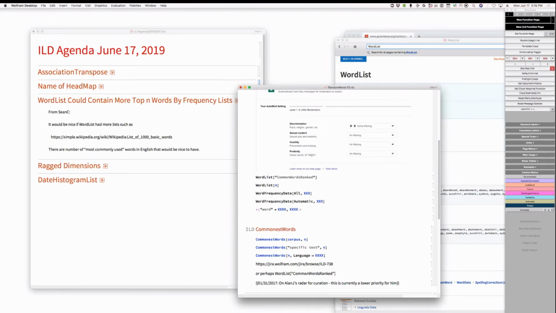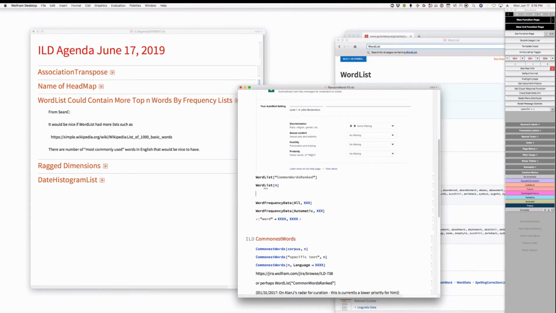It's not bad. Yeah, and then if you give a type, it gives you the n commonest words of the specified type. That seems reasonable. And what do we do if we say WordList of 10 to the 6? I think it prints a message and then returns everything it has.